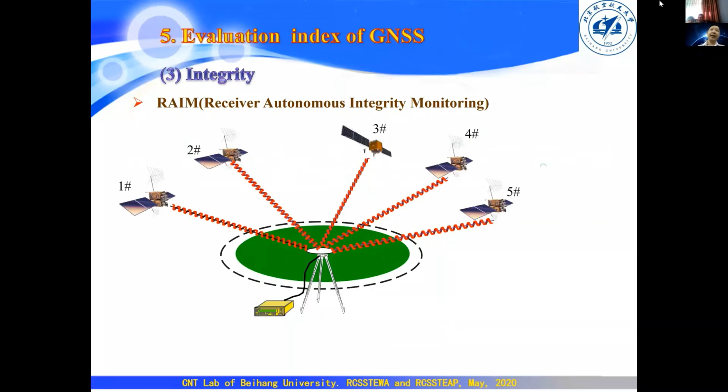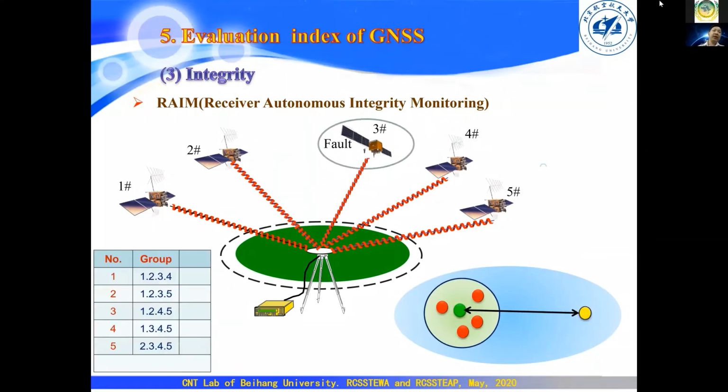For example, in this case, if satellite vehicle number 3 has failed, we can use different groups: 1, 2, 3, 4; 1, 2, 3, 5; 1, 2, 4, 5; etc. Then you may find that if satellite vehicle number 3 is involved in the receiver, there will be error.